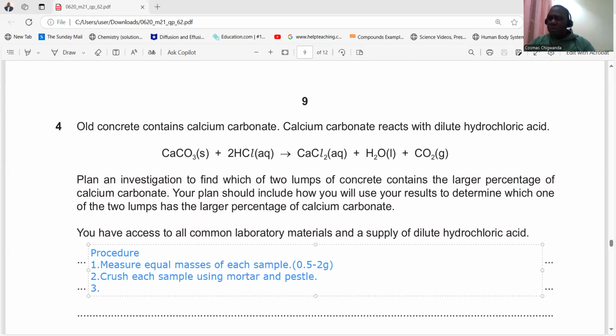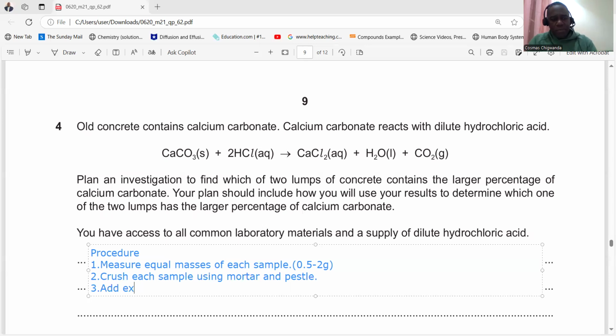I suppose you're familiar with the mortar and pestle. It is a piece of apparatus that we have in the lab, which we can use to convert granules into powder. Remember that powder is very good because it increases surface area, and therefore our speed of reaction will be very big. And then after we have our powder, now we are going to add excess.